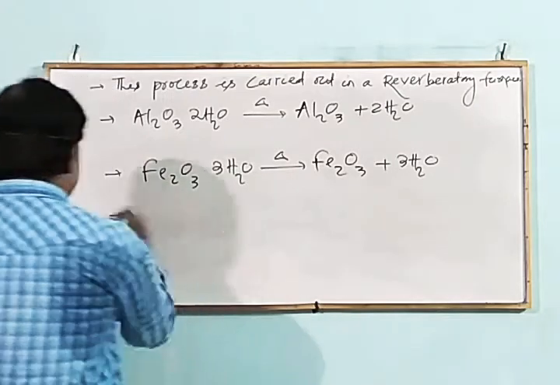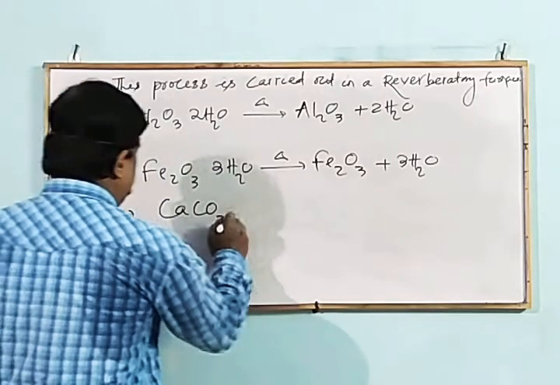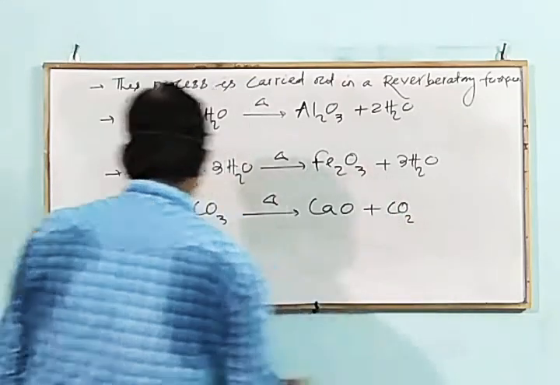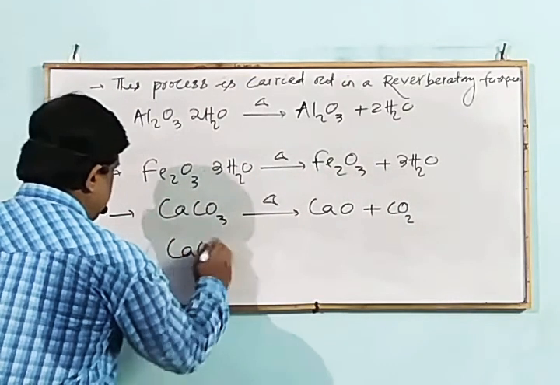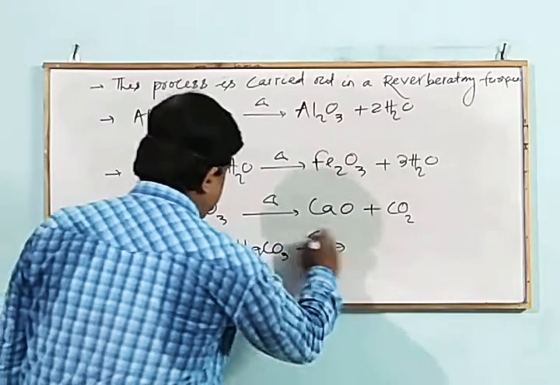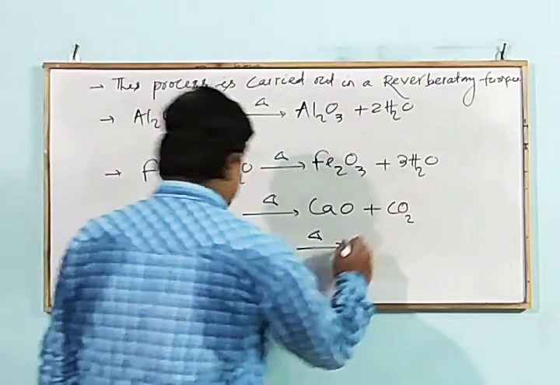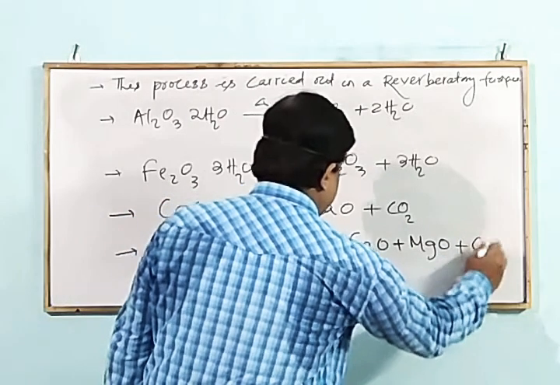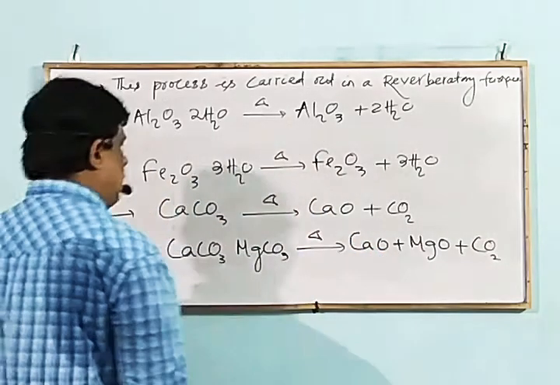Some carbonate ores are there, that is CaCO3 gives CaO plus CO2. CaCO3.MgCO3, calcium carbonate, magnesium carbonate, give rise to calcium oxide, magnesium oxide plus carbon dioxide.